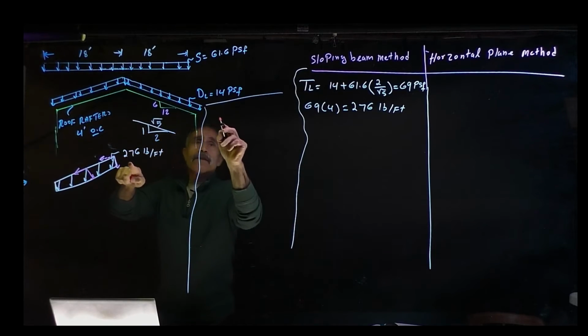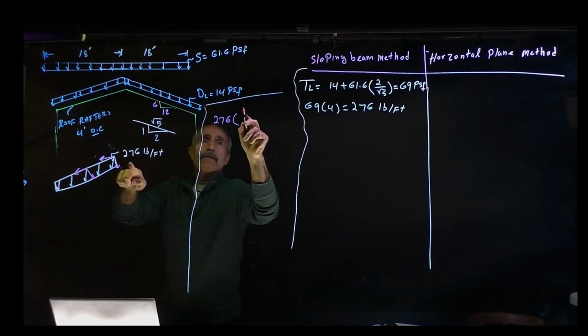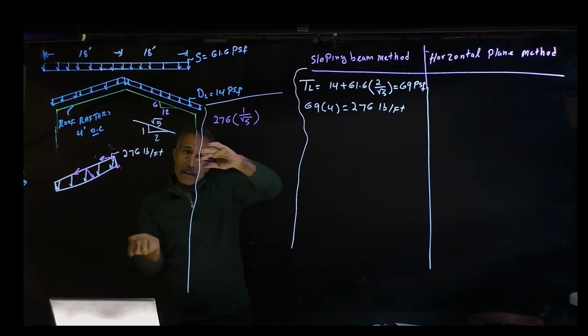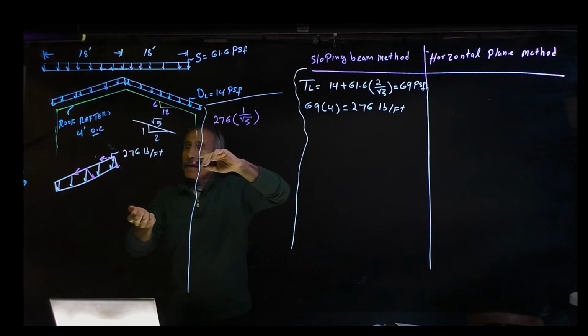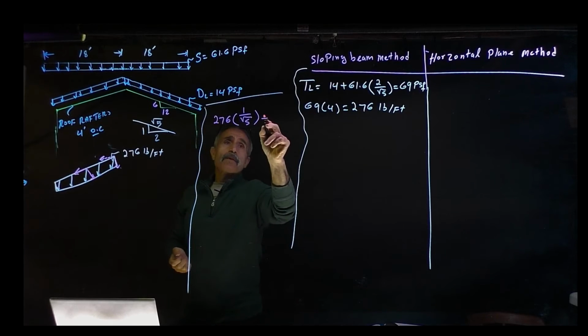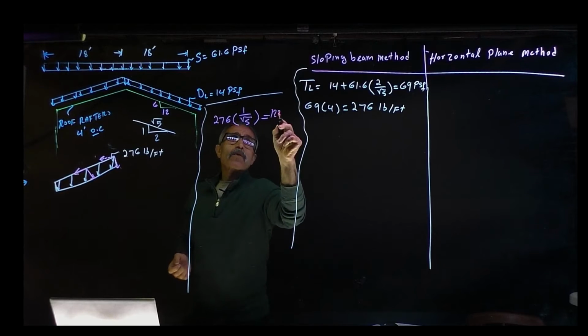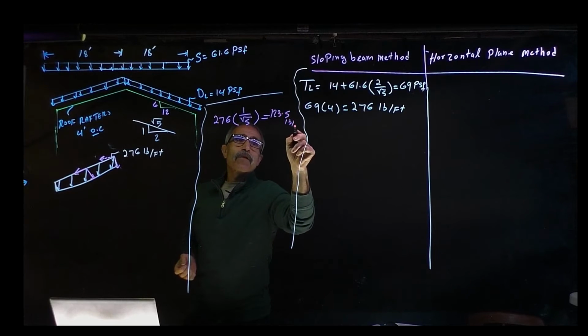If I take 276 times 1 divided by square root of 5, that will give me the horizontal component of it, which is equal to 123.5 pounds per foot.